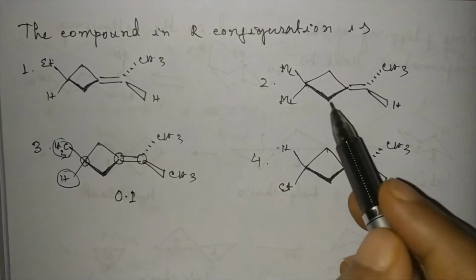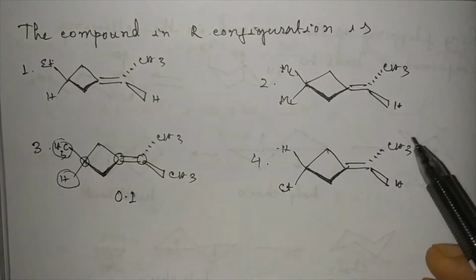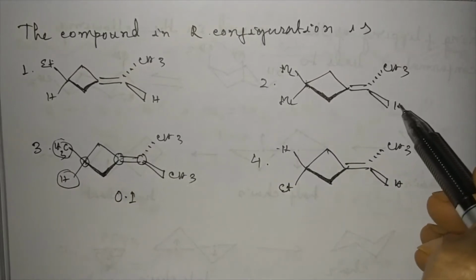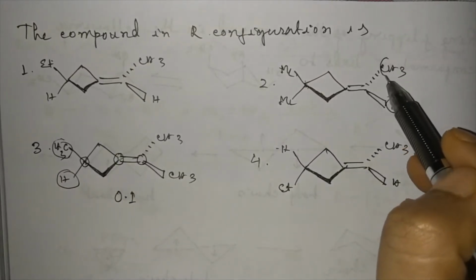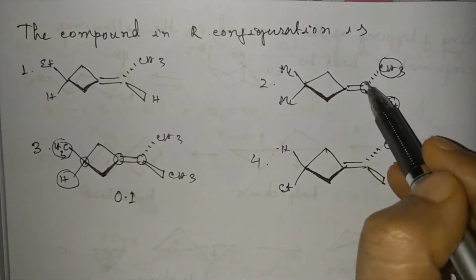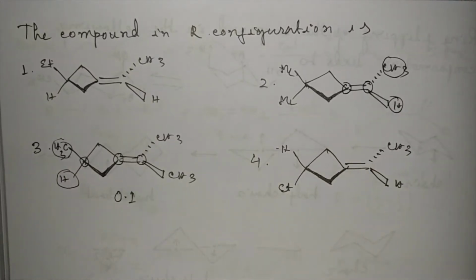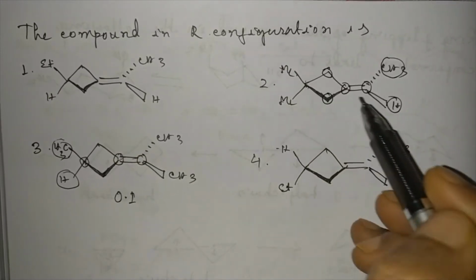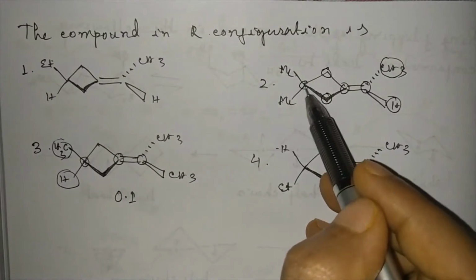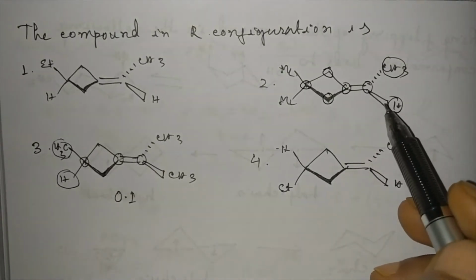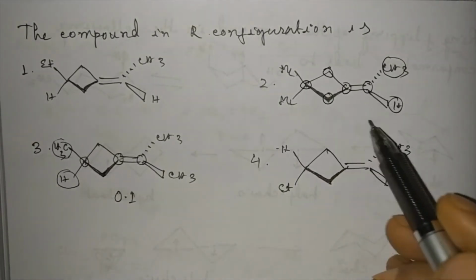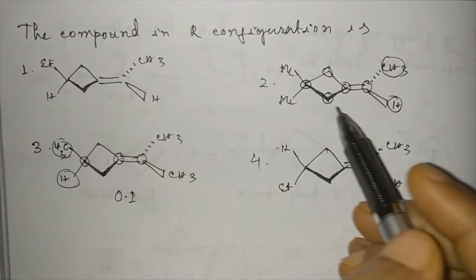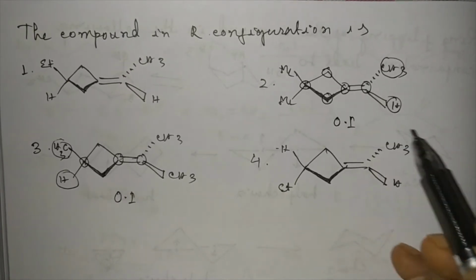Also for this compound, if we pass a plane containing this hydrogen, this CH3, this carbon, and also these 2 carbons, then the molecule will be divided into 2 equal halves. So this is also optically inactive.